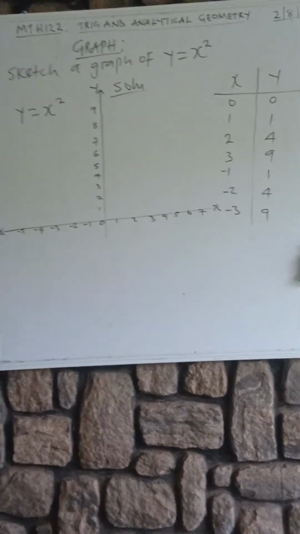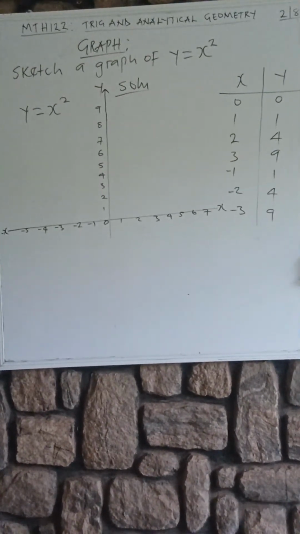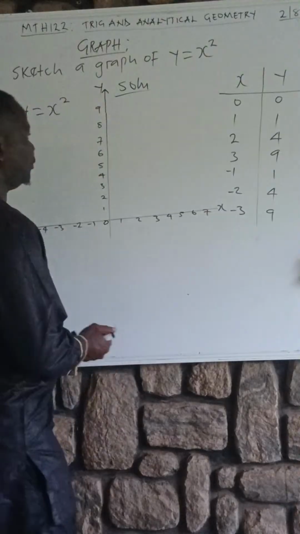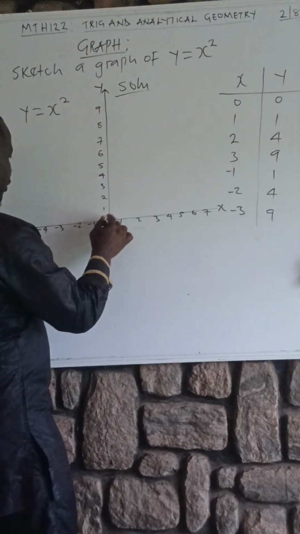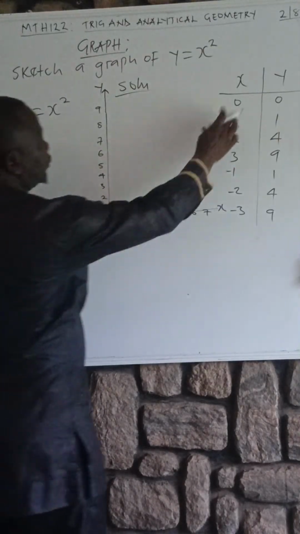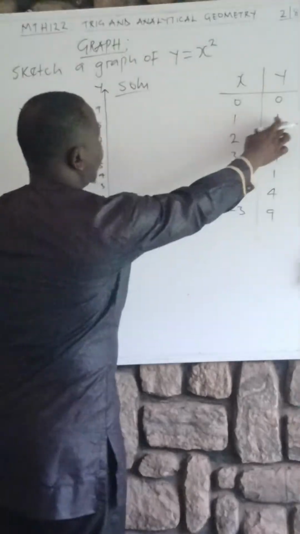Okay. So let us draw this. As you can see now, x is 0, y is 0. This is the origin. Then x is 1, y is 1.